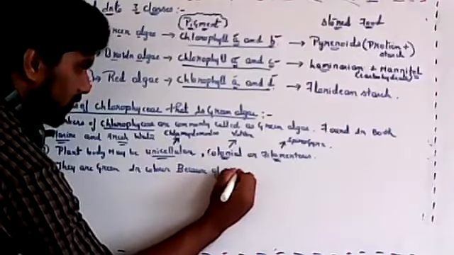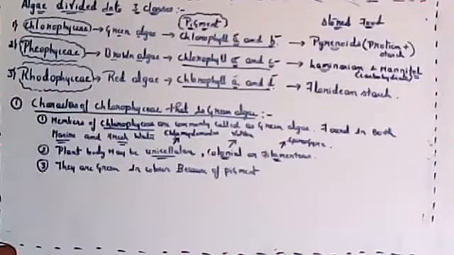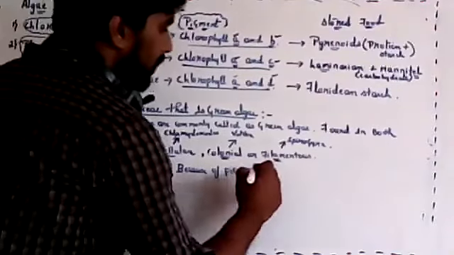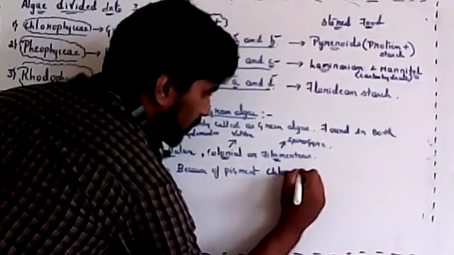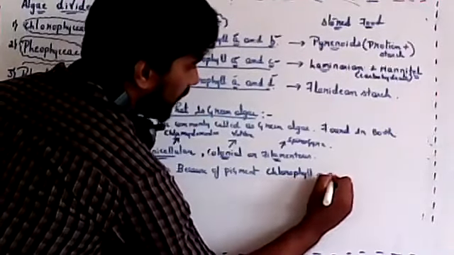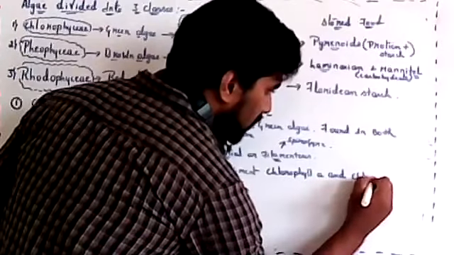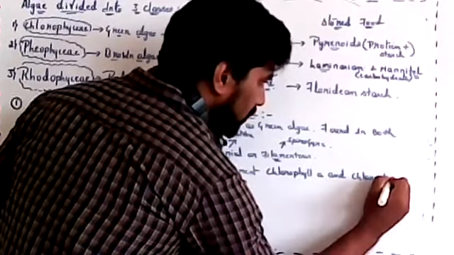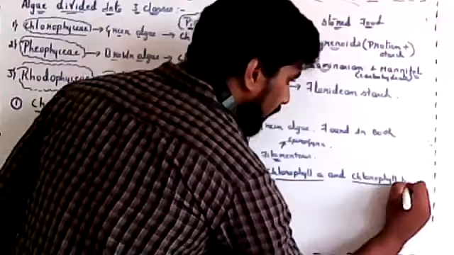This pigment will give them green color. Because of pigment chlorophyll A and chlorophyll B.